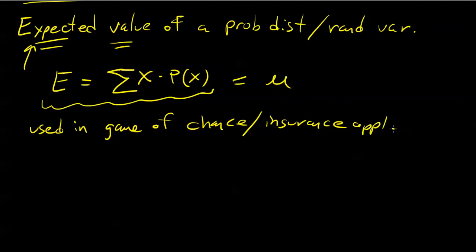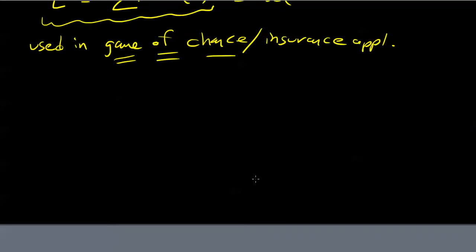So anytime you see expected value, our author is just taking this convention, it typically means a game of chance type application. Let me give you an example of how the author might play this out. And this is a pretty interesting example. Let me get a fresh screen.